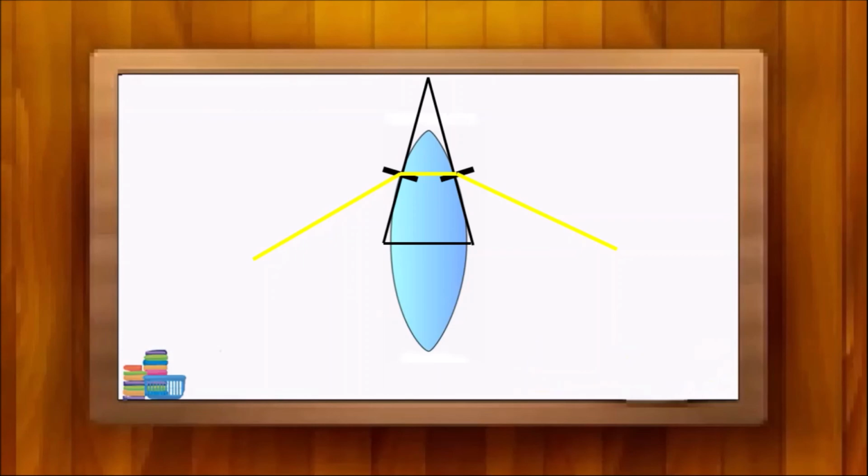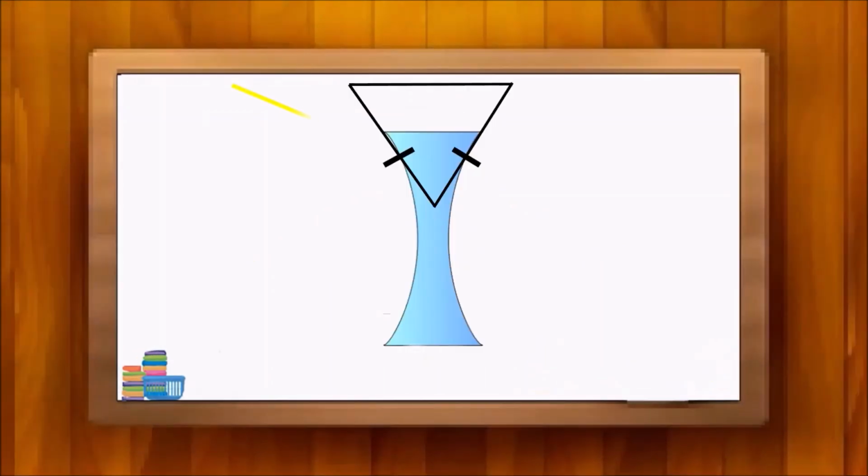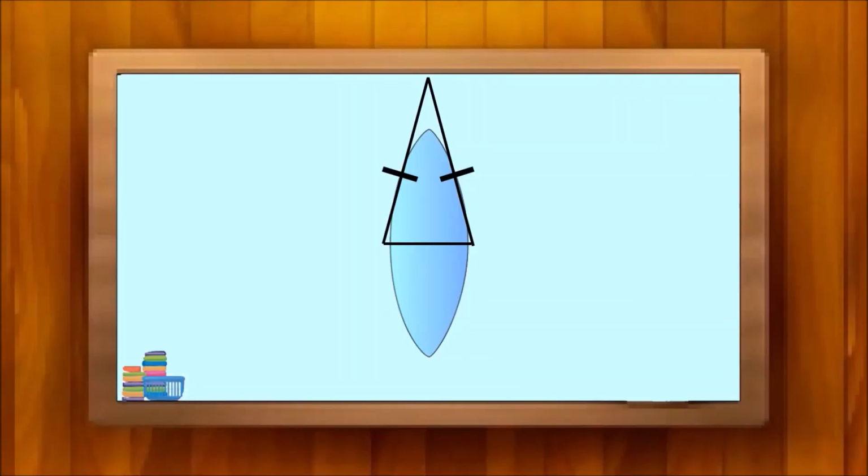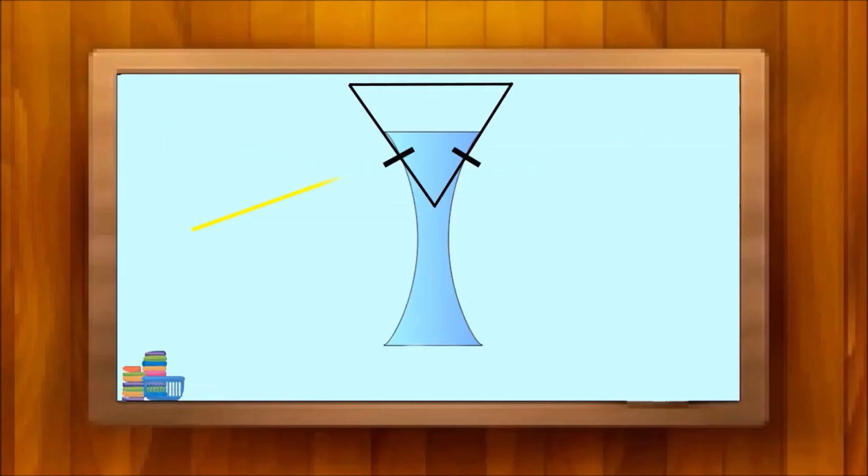Hence, in the air, a convex lens behaves as a converging lens, while a concave lens behaves as a diverging lens, because a concave lens is made of upside-down prisms as in the above form. But if we put these lenses in a comparatively dense medium, it would be the opposite. The convex lens would behave as a diverging lens, while the concave lens would behave as a converging lens.